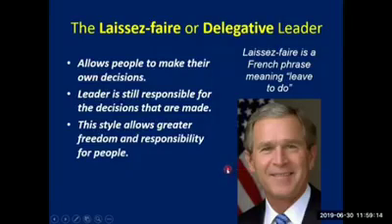This leader was using this type of style. It allows the people to make their own decisions, but in this case, the leader is still responsible for the decisions that are being made, and this style gives more freedom and responsibility to the people.